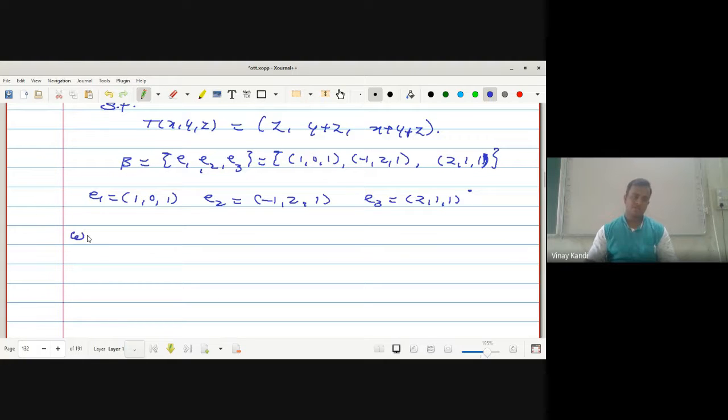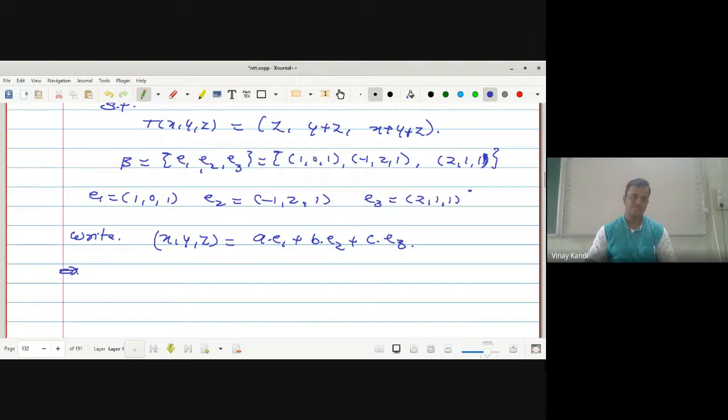Now write any element (x, y, z). This is an element of R3. So we can write this element as a linear combination of e1, e2, e3. Suppose (x, y, z) is a into e1 plus b into e2 plus c into e3.